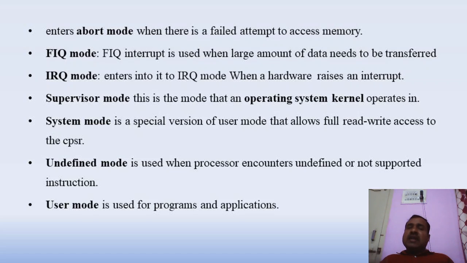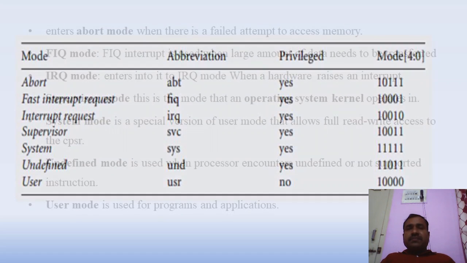That may directly enter into your system, and during that time undefined mode is entered. User mode is the one where programs and applications are run. So these are the processor modes available in the ARM.